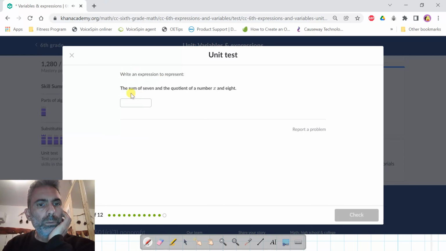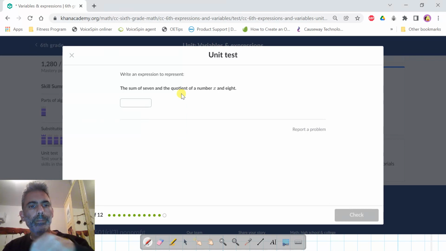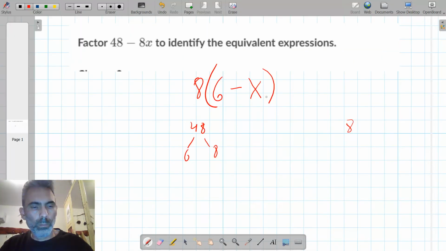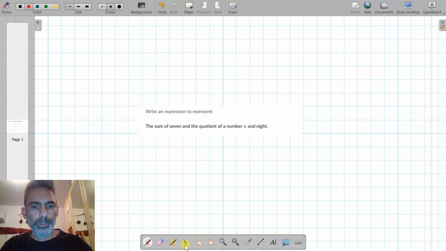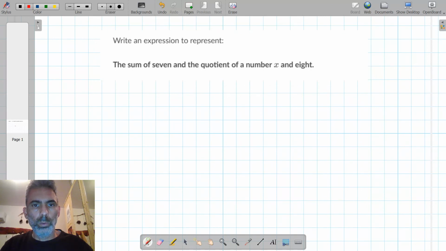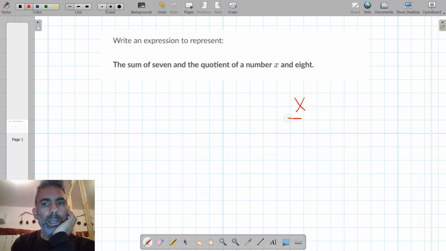Write an expression to represent the sum of 7 and the quotient of a number x and 8. Okay, so the quotient of a number x and 8 is x divided by 8.